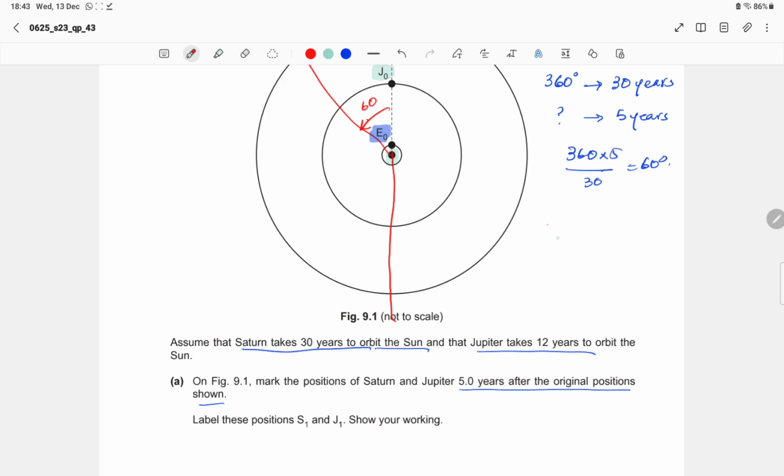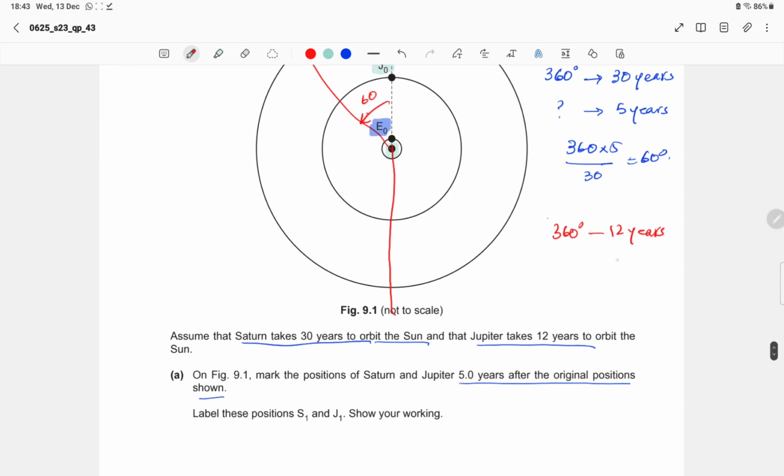360 degrees for 12 years, and after 5 years it's going to be x. So again do the calculation. x is going to be 360 times 5 divided by 12.